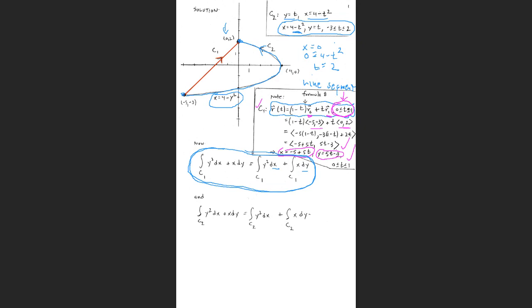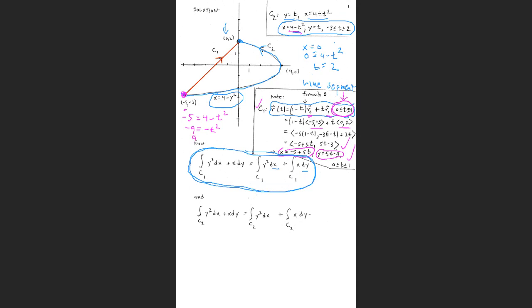The reason being is that the starting point here at negative 5, negative 3, if we take negative 5, which is the x coordinate, and set it equal to 4 minus t squared, you're going to get negative 9 equals negative t squared.